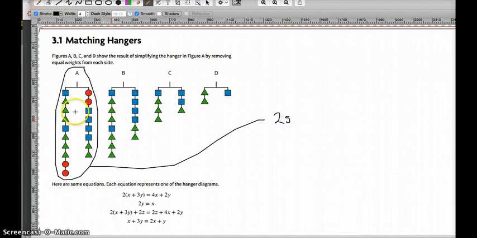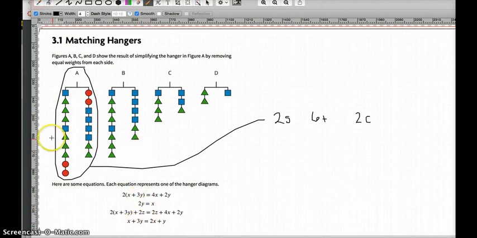Two squares. I have 1, 2, 3, 4, 5, 6 triangles, and that's 6T. And then I have two circles. Okay, so I'm going to look for something that has a 2, a 6, and a 2 in it, specifically on the left-hand side. And I don't see anything.